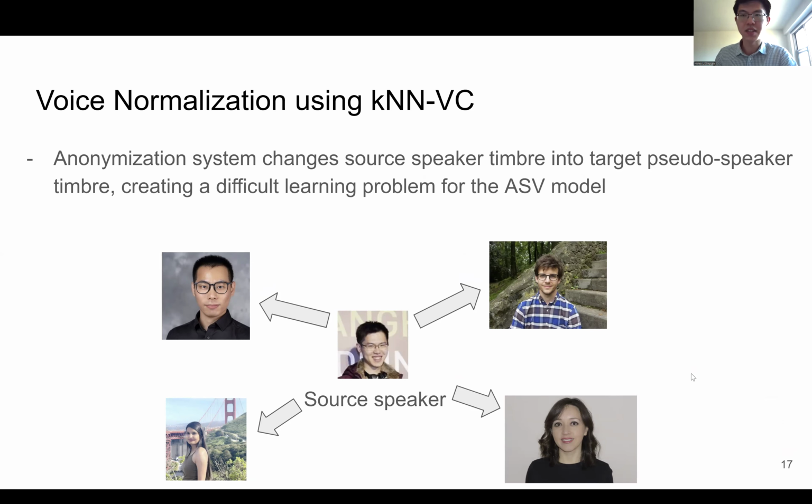And the randomization is done at a per utterance level, meaning that the speech from the same source speaker gets mapped into many different target proxy speakers. And this sort of mismatch creates a difficult learning problem for the ASV model, which now needs to ignore timbre characteristics and focus on other common speech characteristics.